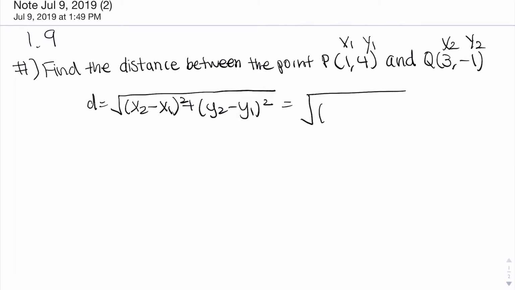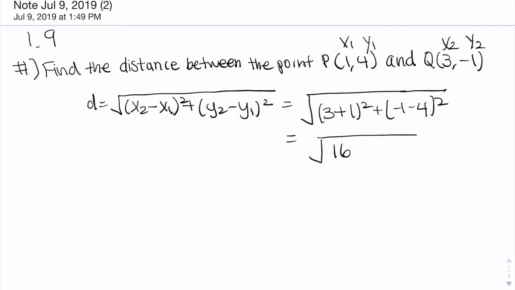You will get 3 plus 1 squared, -1 minus 4 squared. Then you keep simplifying it, which is square root of 16 plus 25, with the final answer equal to square root of 41.